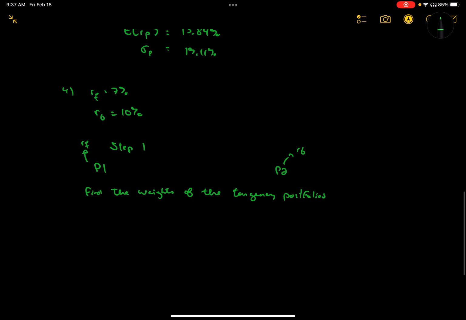Okay, so for P1, we find WD is equal to 46.6%, weight of E 53.4%, expected return of P1 is 14.7%, and the standard deviation of P1 is 20.8%.